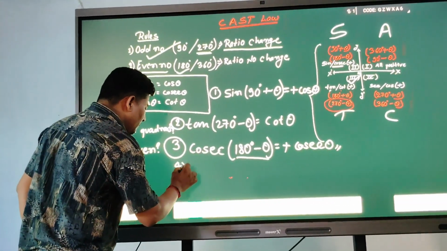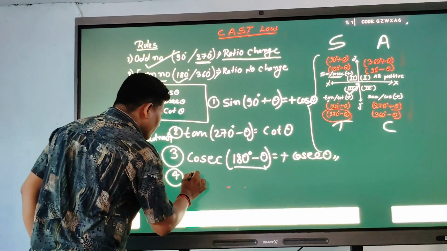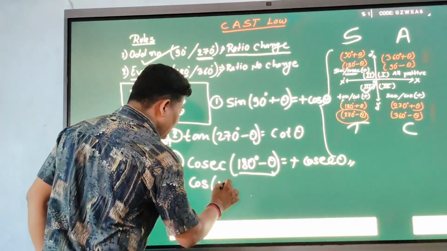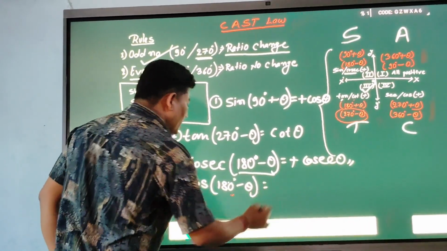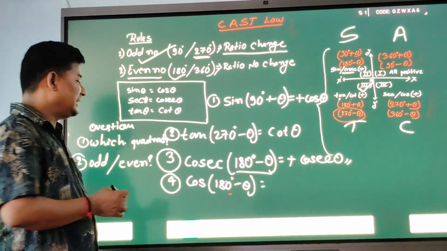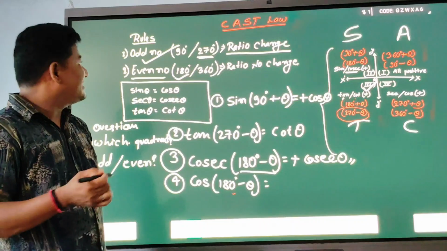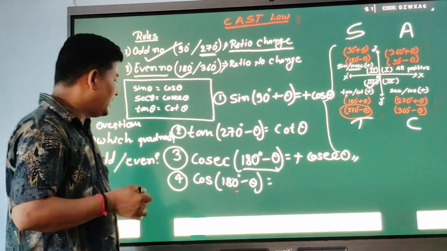Okay, other example. Example number 4. Suppose we have a question of cos 180 degree minus theta. By using this short rule, how can you solve this problem? Let's see.